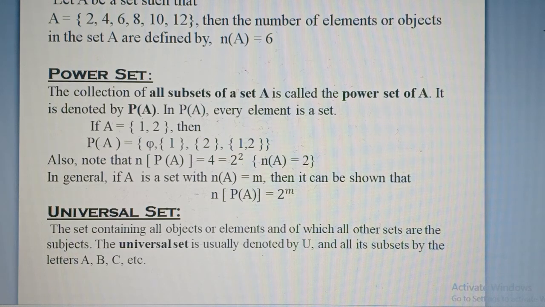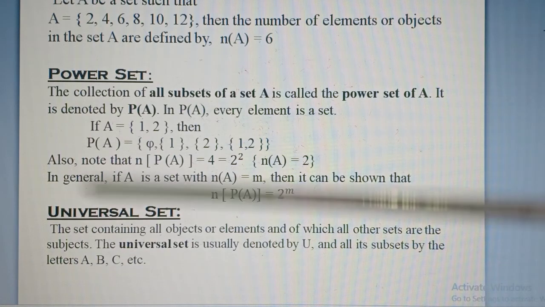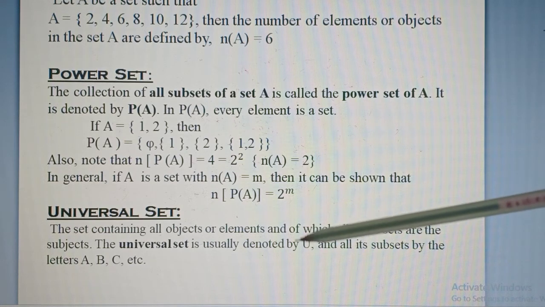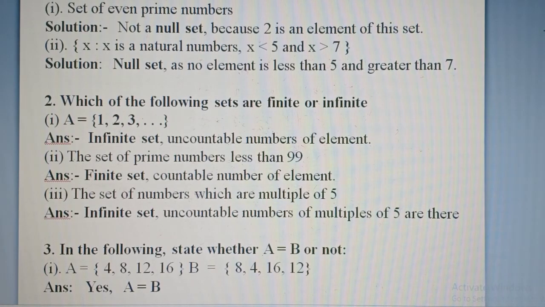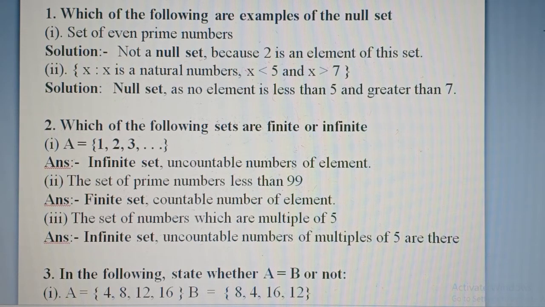It is the superset of all the sets A, B, C. That means A, B, C are subsets of the set U. Then U is called the universal set. So I hope students you understood the concept of superset, subset and the equal set, what we have discussed in this video lecture.